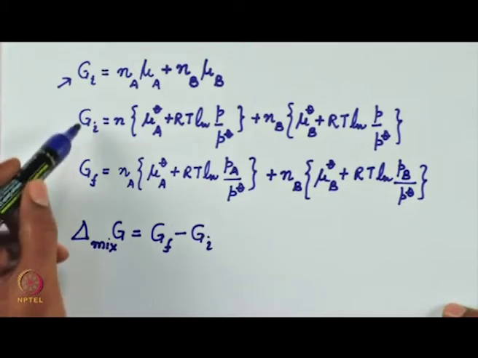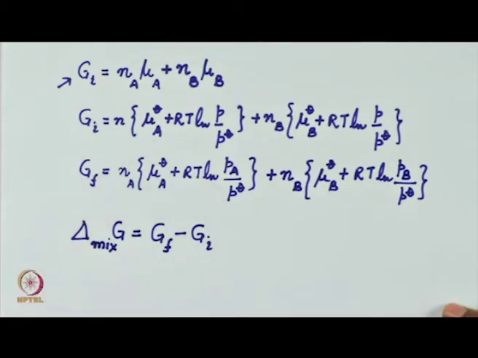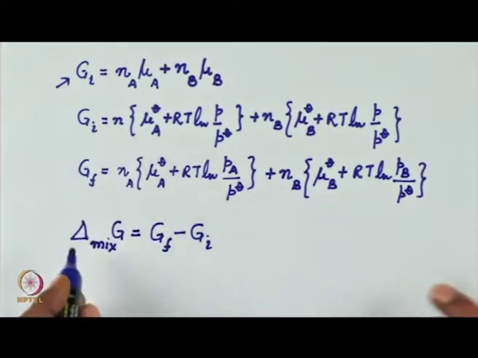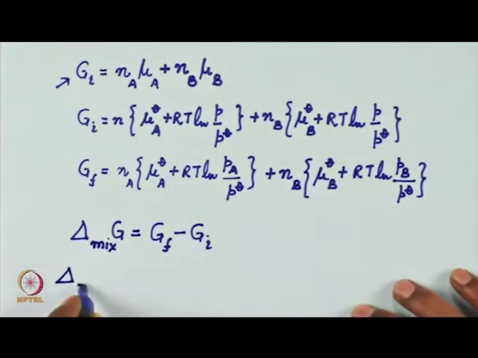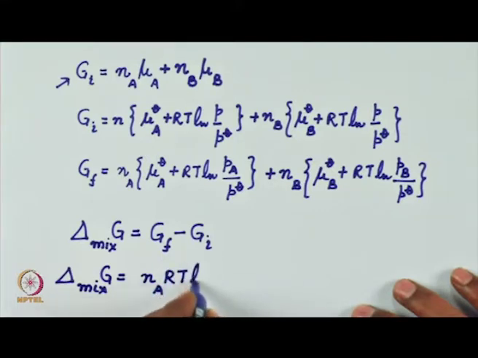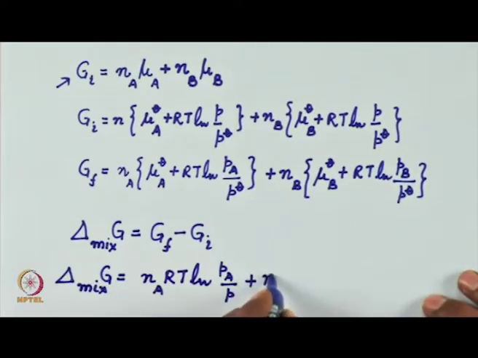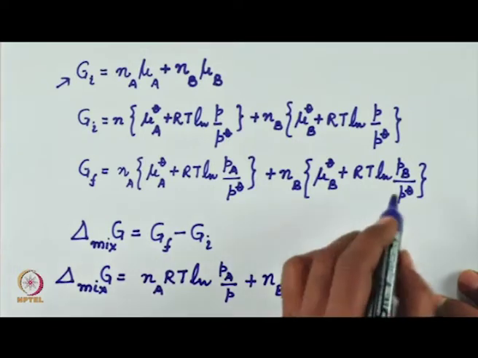So, we need to subtract this from this, and when you subtract the two, many quantities will get cancelled. What we will be left over with is Na RT log Pa by P plus Nb RT log Pb by P.